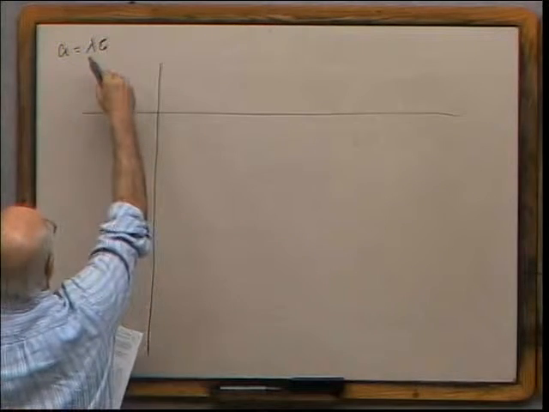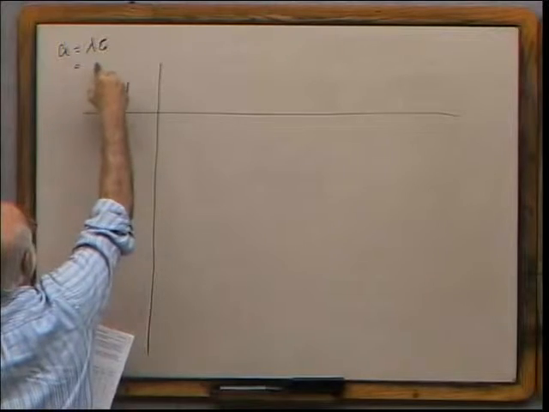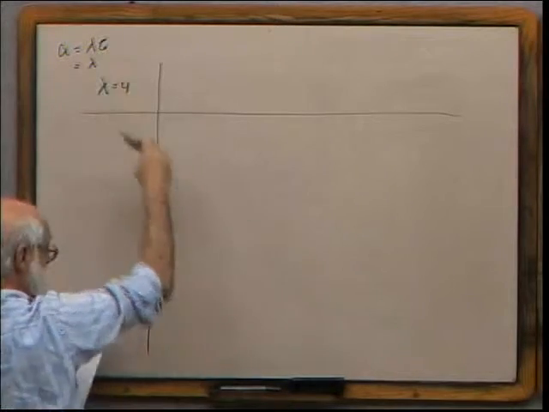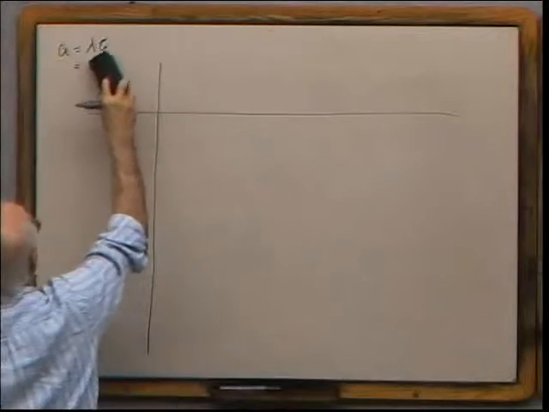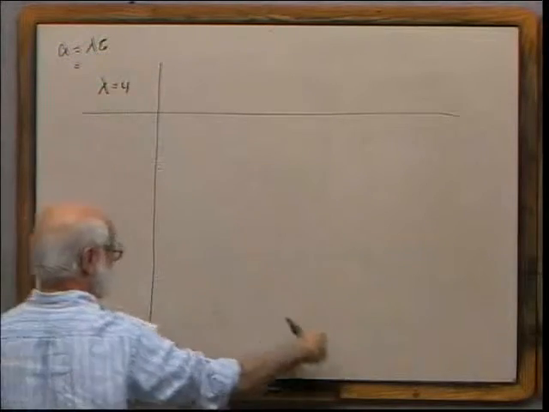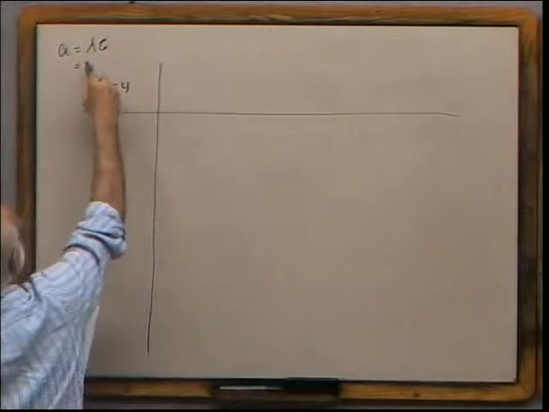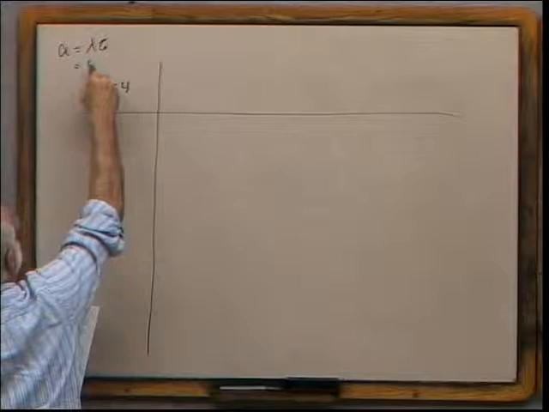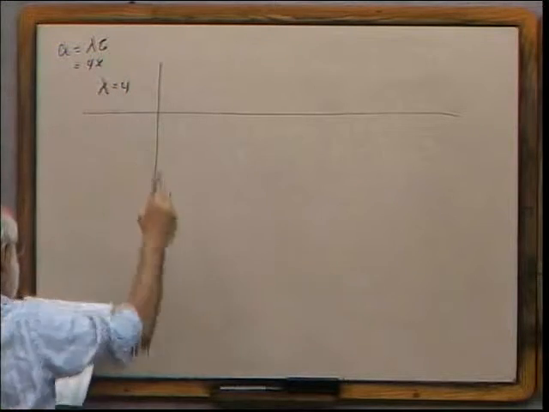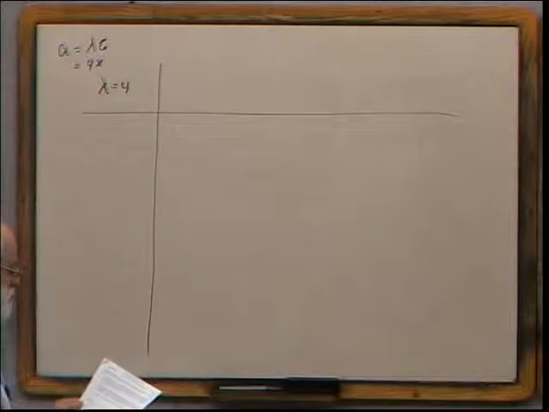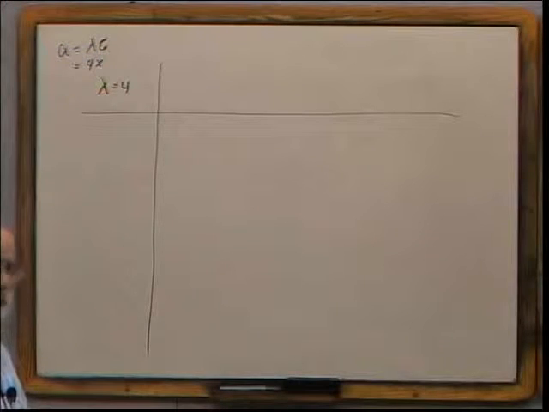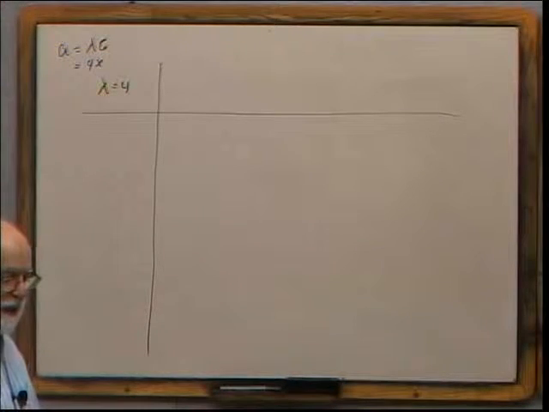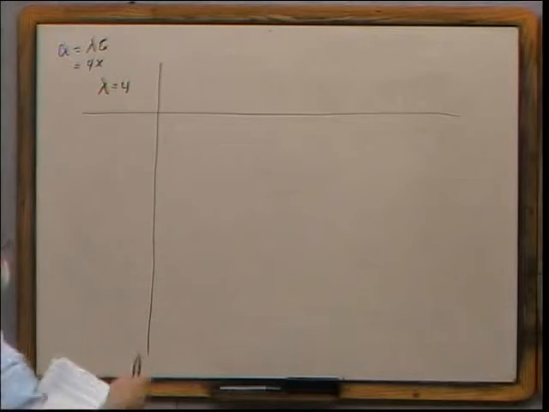So in this first case, lambda is 4, and tau is 2.4.